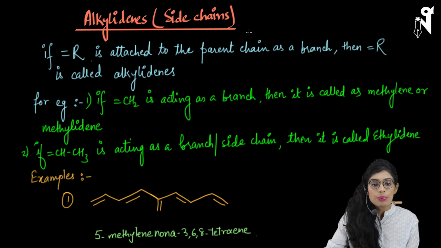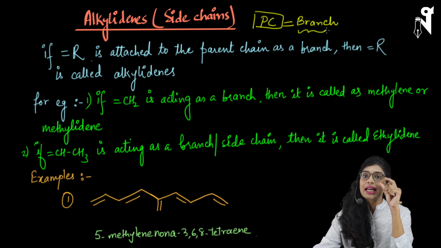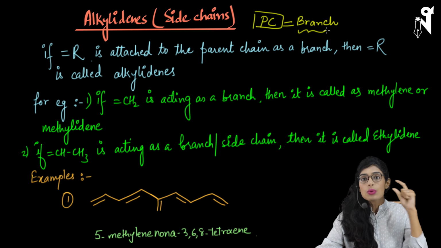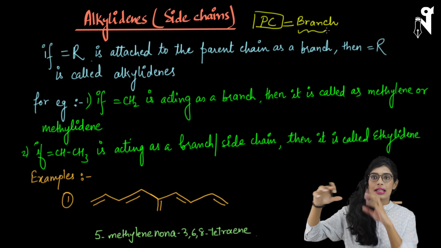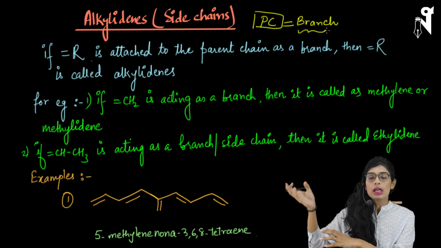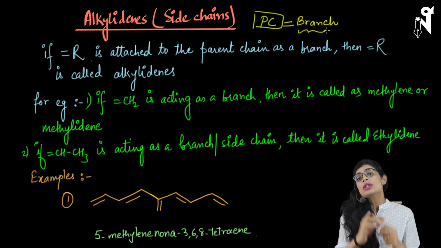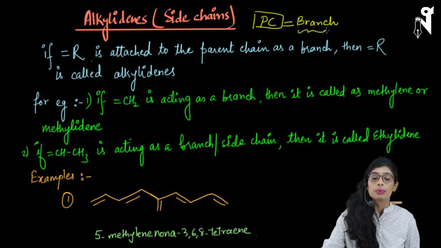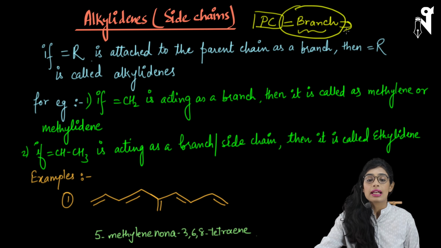This is my principal carbon chain, and it is connected to a branch with a double bond. The branch doesn't have a double bond inside, as in the carbons of the branch are not doubly bonded, but the branch is connected to the principal carbon chain using a double bond. Then this branch with the double bond is called an alkylidene.